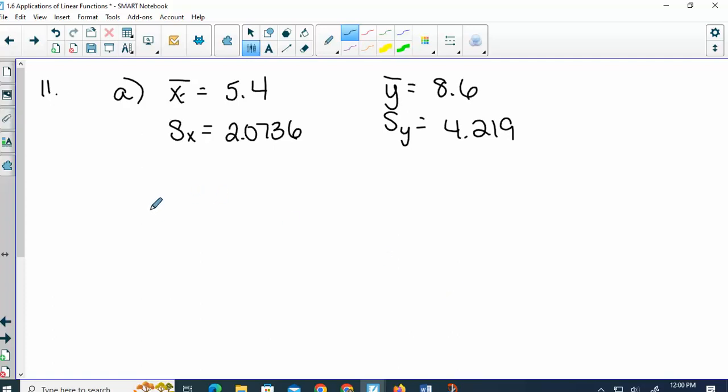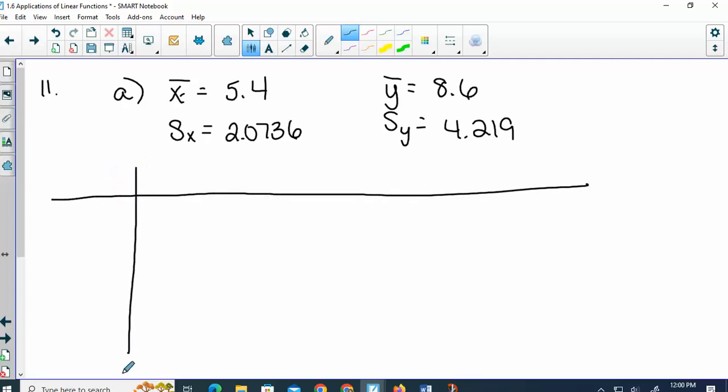So then we have to create a table. The first column, we are going to list all of our ordered pairs there, so we can kind of keep everything straight. On your test, I will have the headings set up for you already, just to kind of help. So I will tell you this is your ordered pair, x, y.